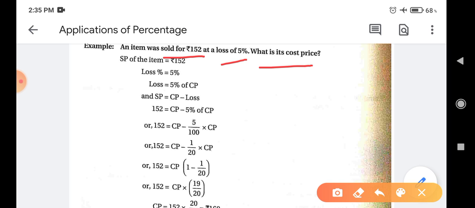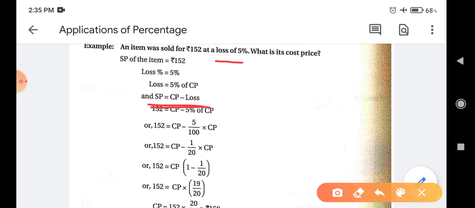We are given SP and loss percent, and we have to find CP. Firstly we convert loss percent into rupees. Loss is equal to 5% of CP, and then we use the formula of SP. SP is equal to CP minus loss, because we have to see the relation between CP, SP and loss.